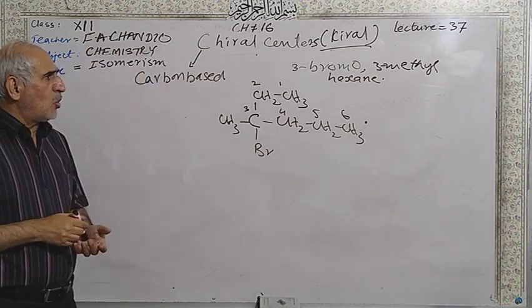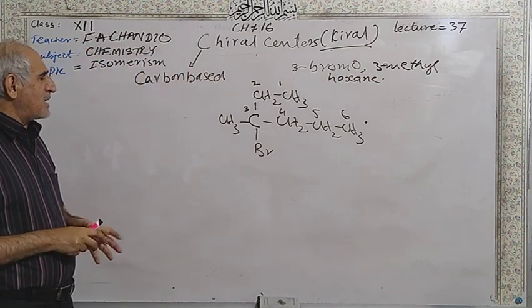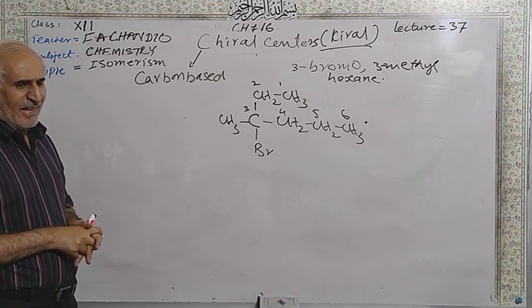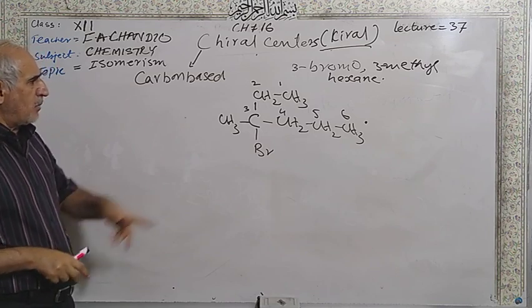So 3-bromo, 3-methyl hexane has an asymmetric, dissymmetric carbon.